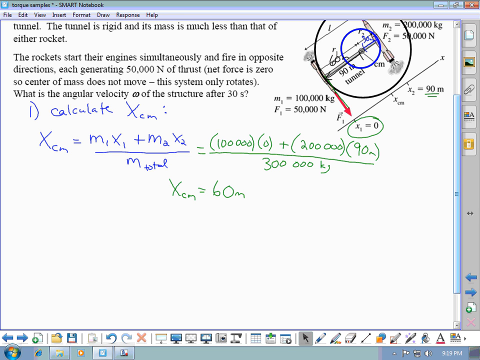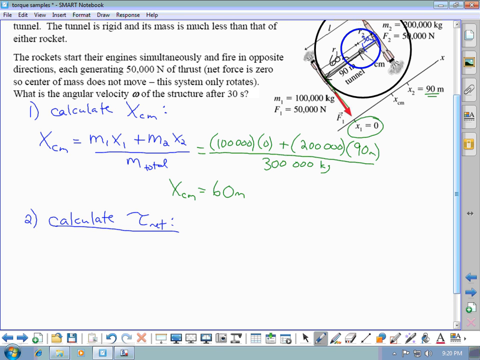The next thing to do is to calculate the net torque. Both of those thrusts are causing a counterclockwise rotation.